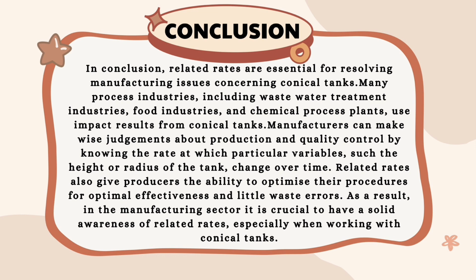Manufacturers can make wise judgments about production and quality control by knowing the rate at which particular variables such as the height or radius of the tank change over time. Related rates also give producers the ability to optimize procedures for optimal effectiveness and little waste or errors. As a result, in the manufacturing sector, it is crucial to have a solid awareness of related rates, especially when working with conical tanks.